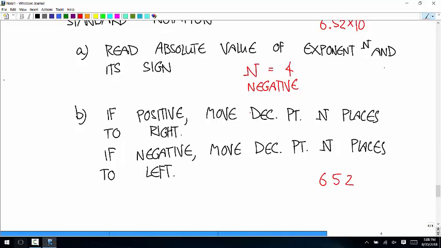The exponent was negative, so we're going to move it to the left. So I'm going to start where it was and go 1, 2, 3, 4. Each one of those placeholders is filled by a 0. And so there's the number in standard notation.